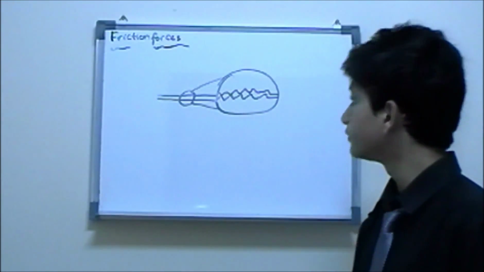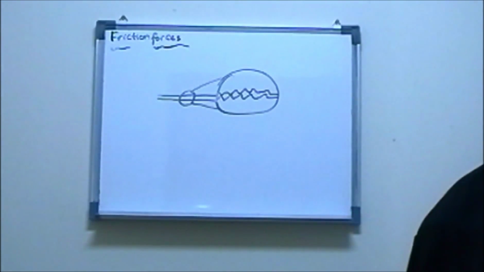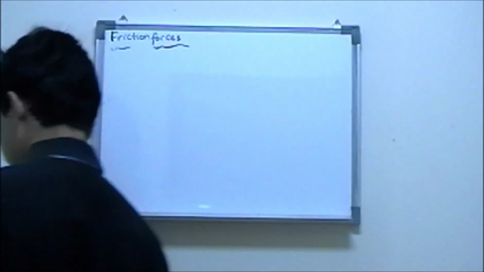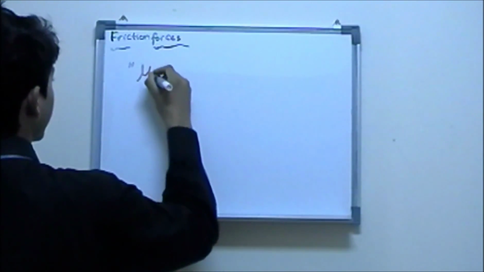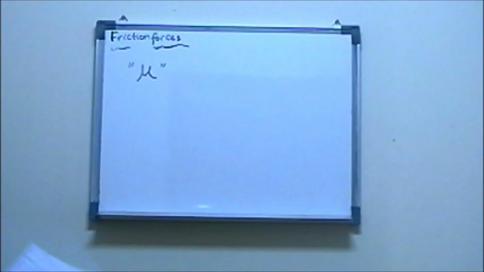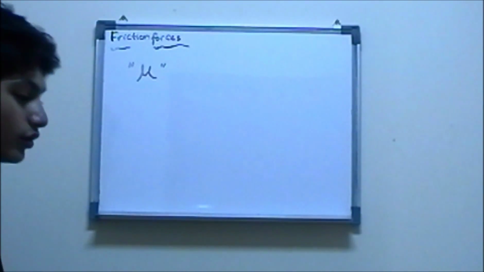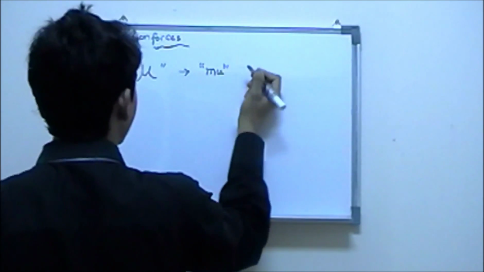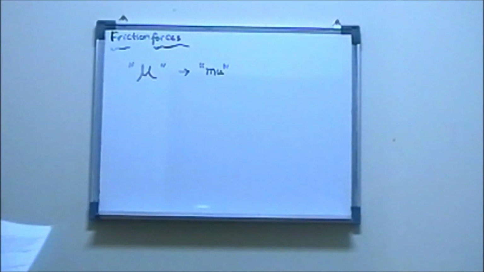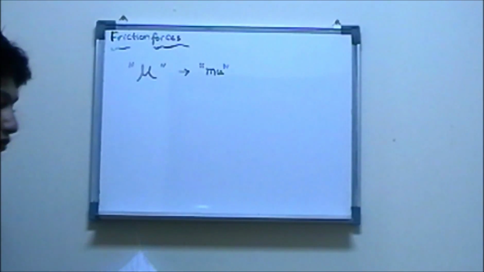Now let's talk about the symbol mu. The symbol is like this, and again it's a U-turn kind of symbol. It's a Greek letter, which is mu. Now there are two kinds of mu.